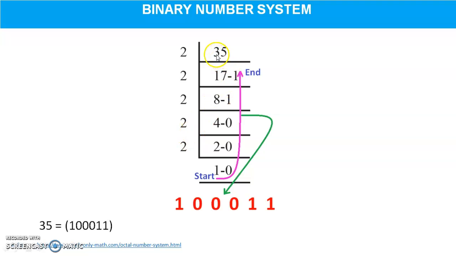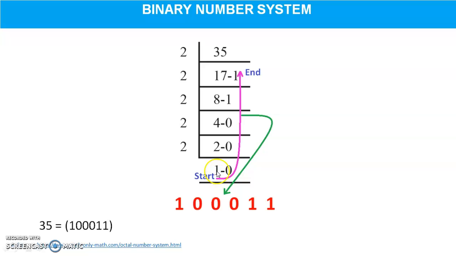In the binary number system, if the decimal number 35 is given, we have to convert that number into binary. We convert it by dividing the number by 2. So 35 divided by 2: 17 twos are 34, the remainder is 1, and we write the remainder here. Then 17 divided by 2: 8 twos are 16, again the remainder is 1. 4 twos are 8, the remainder is 0. 2 twos are 4, the remainder is 0. 1 two is 2, the remainder is 0.